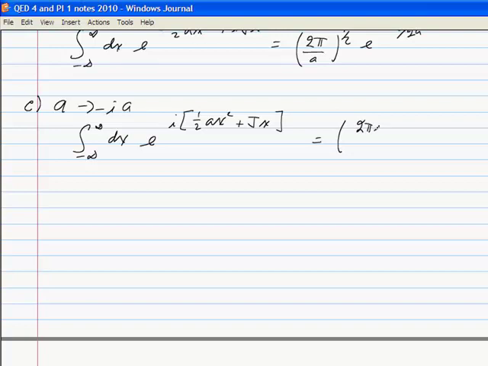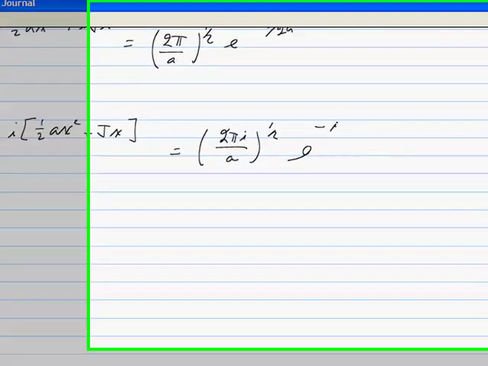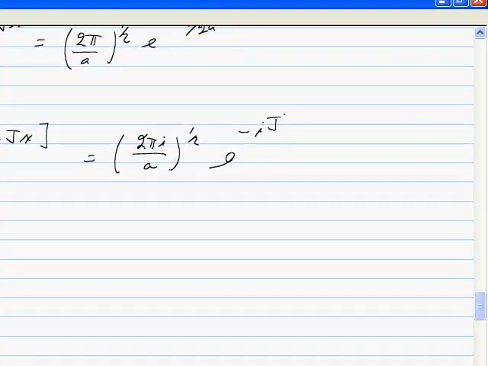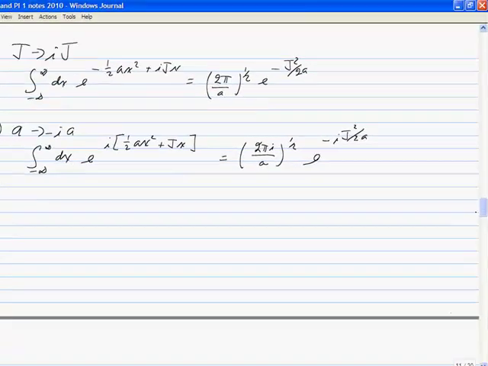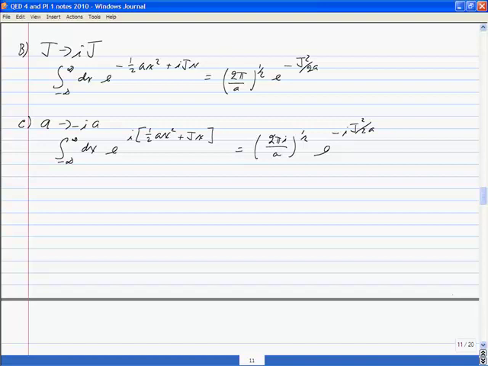It's 2 pi i over a to the 1/2 e to the minus i j squared over 2a. Okay, so I just put minus ia into that formula, and that brings in these i's in the numerators. Okay, good.